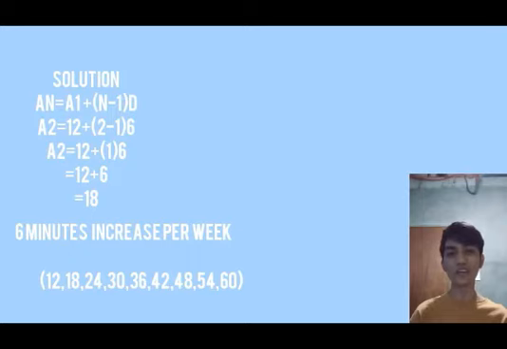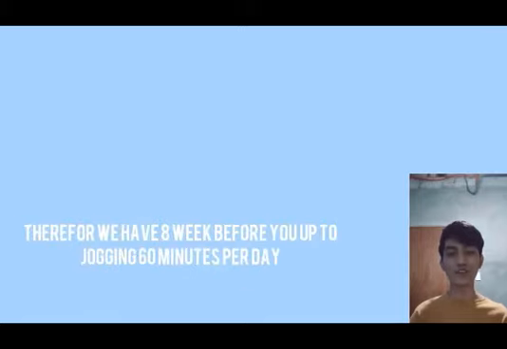And we add again 6, 30, and add 6, 36, and add 6, 42, and add 6, 48, and add 6, 54, and add 6 is 60. So, we will get 8 weeks before you are up to jogging 60 minutes per day.